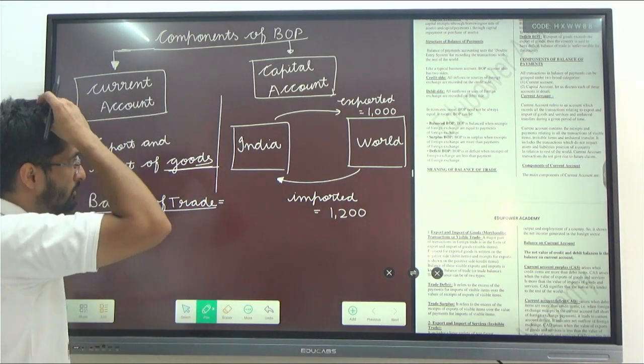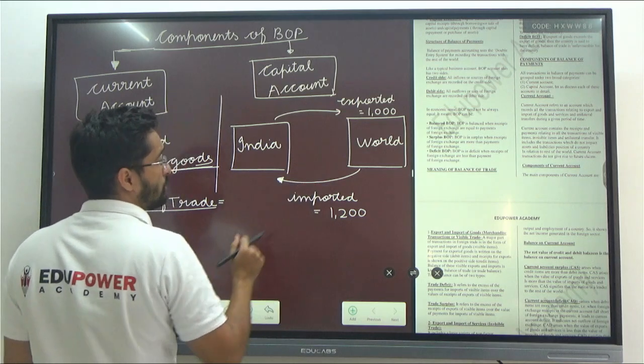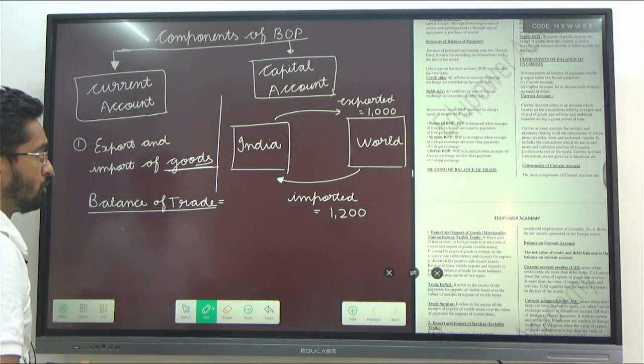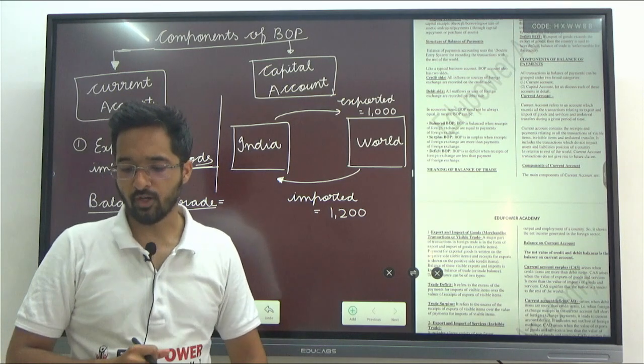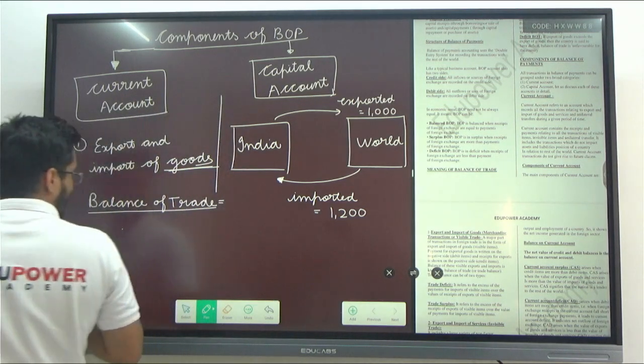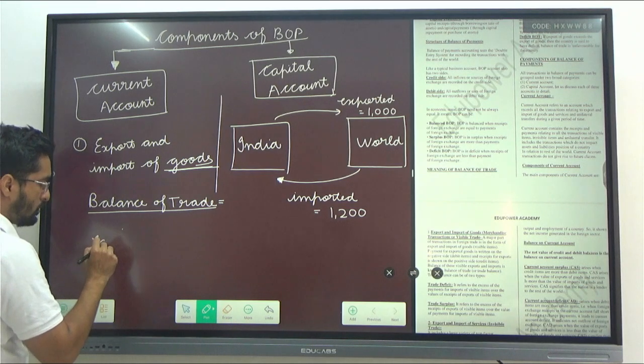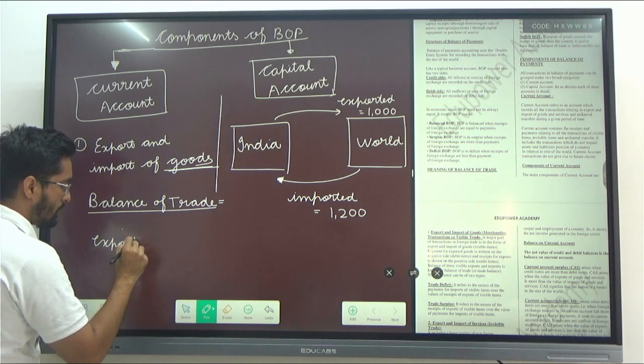So, basically it is the difference between the export and the import. If I write the formula, balance of trade will be nothing but the difference between the export and import.